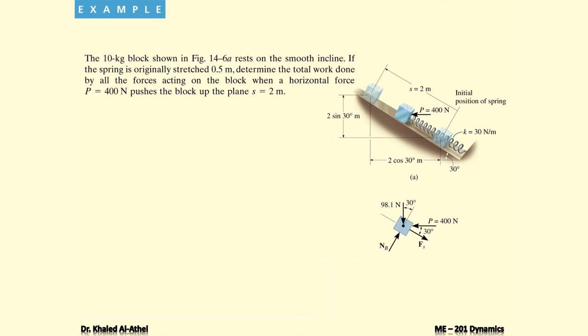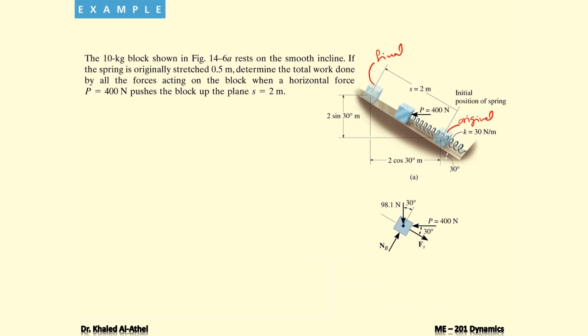So let's look at this problem. The 10 kilogram block shown in figure 16.4 on the right rests on the smooth incline, so there is no friction in this problem. If the spring is originally stretched 0.5 meters, this was the original position, and this is my final position.